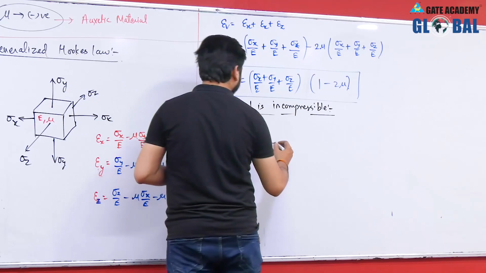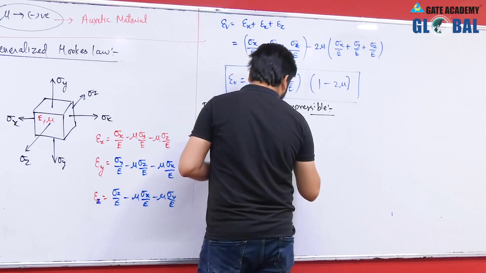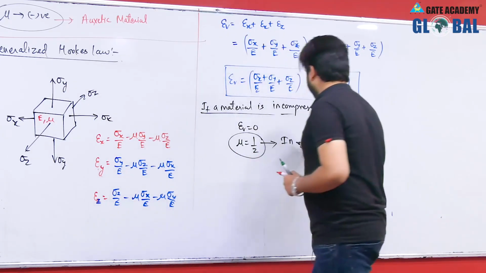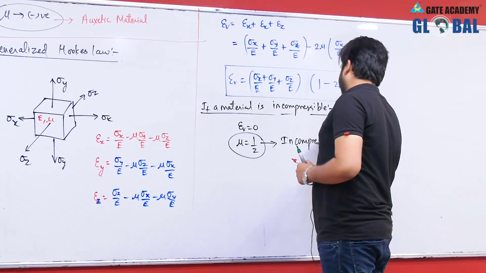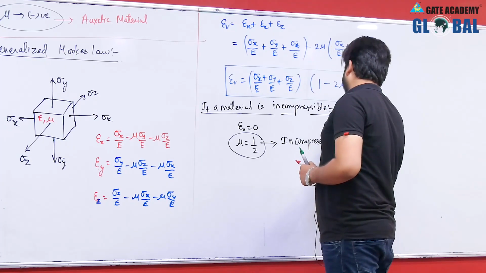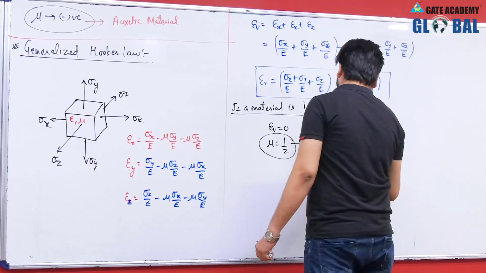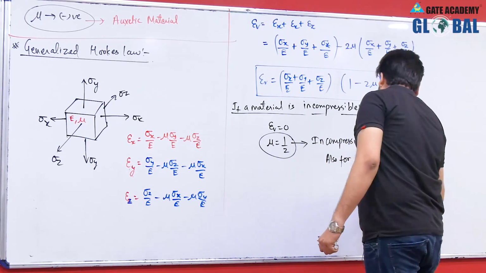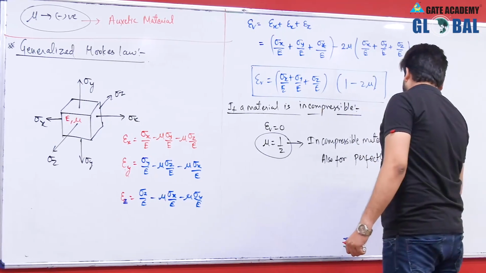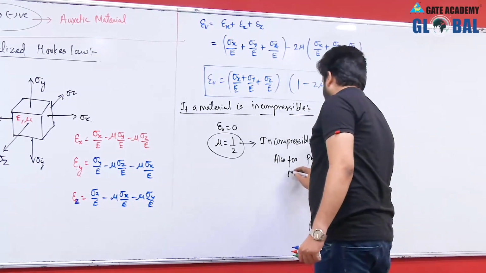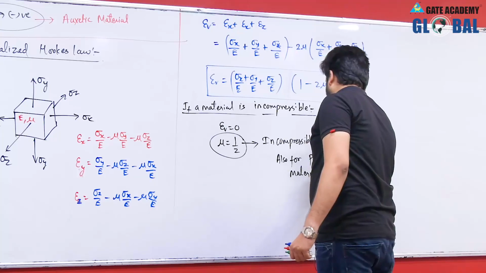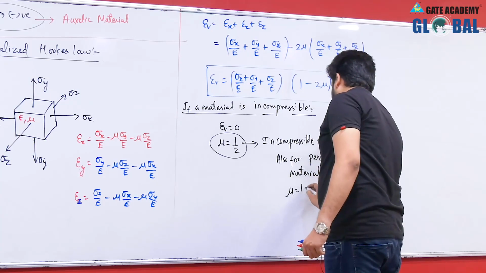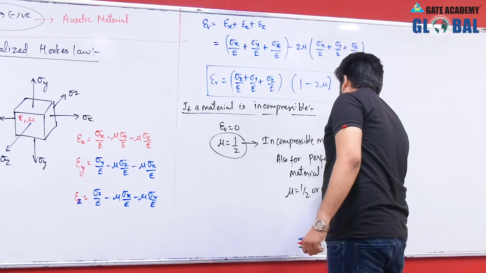So, mu equal to 1 by 2 signifies incompressible material. Also, for perfectly plastic material, mu will be equal to 1 by 2, or you can write 0.5.